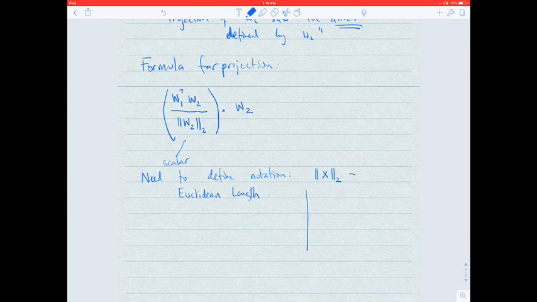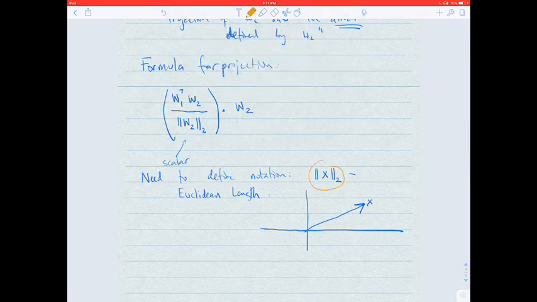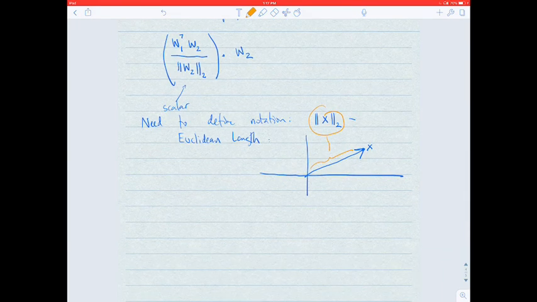So in other words, if I give you any vector, if this is x, then this quantity here is exactly this length. So how do we compute that? We use the Pythagorean theorem. Remember that this is the hypotenuse of this right triangle.